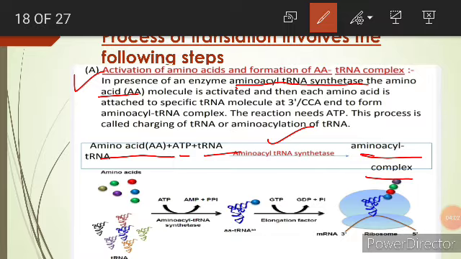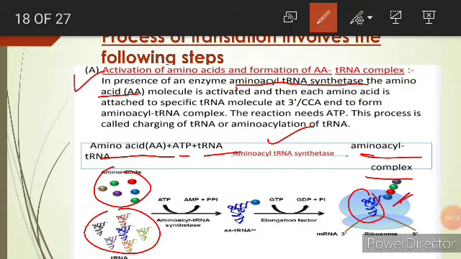Here we can see the tRNA, and it carries a specific amino acid during protein synthesis. When a single tRNA is carrying this amino acid, we can say this is charging of tRNA, and that also happens in the presence of the aminoacyl tRNA synthetase enzyme.